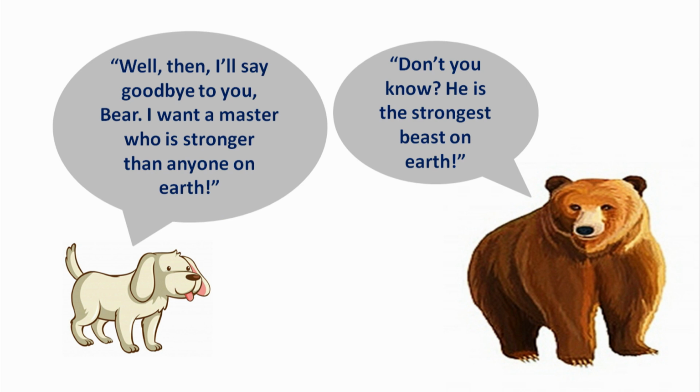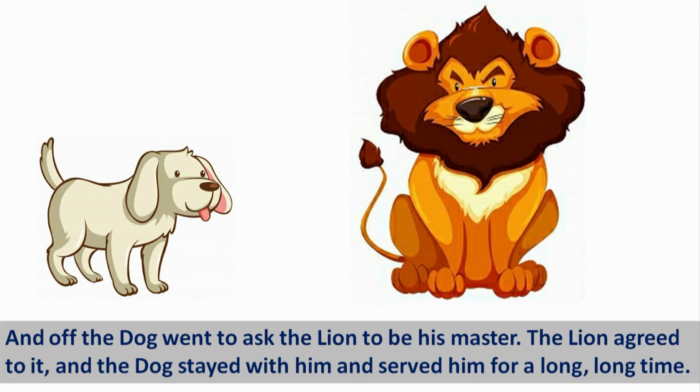He is the strongest beast on earth." "Well then, I will say goodbye to you, bear. I want a master who is stronger than anyone on earth." And off the dog went to ask the lion to be his master.